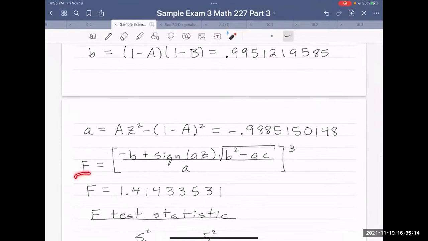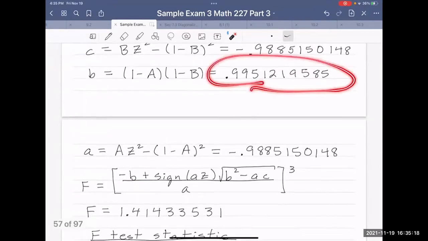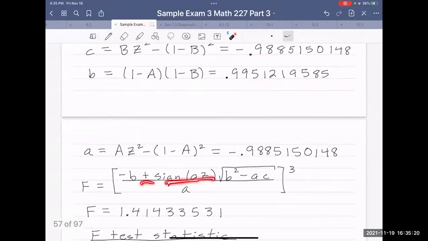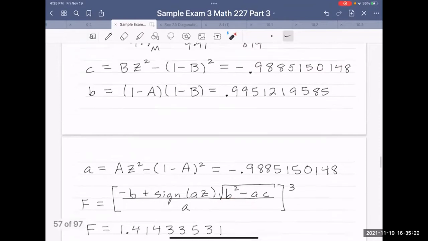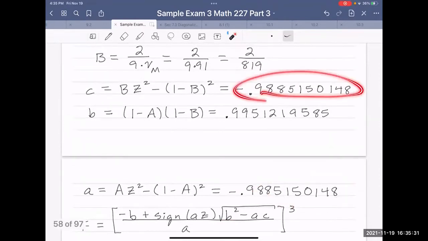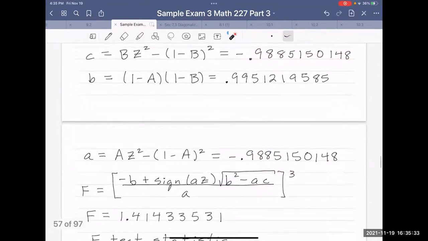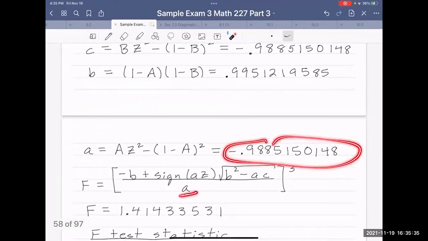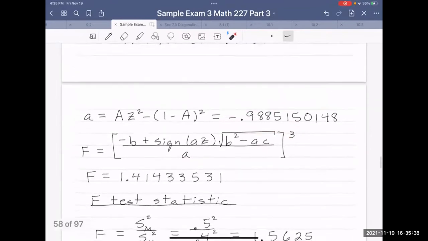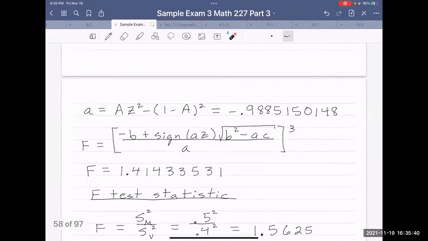So F is equal to a negative B plus a sign of AZ, which is negative, so minus the square root of B squared minus AC, all divided by A cubed. And so F is equal to 1.414333531.